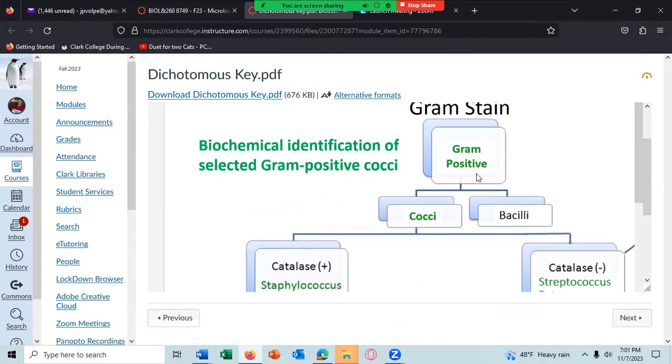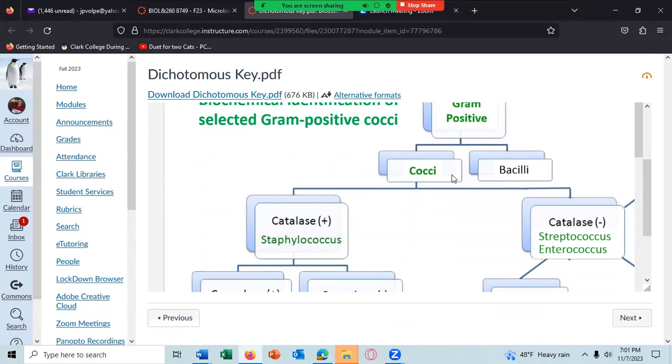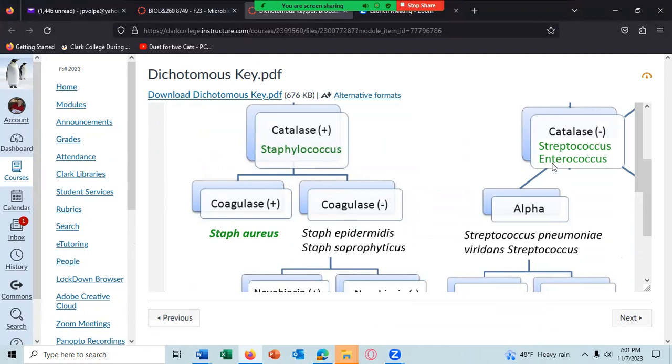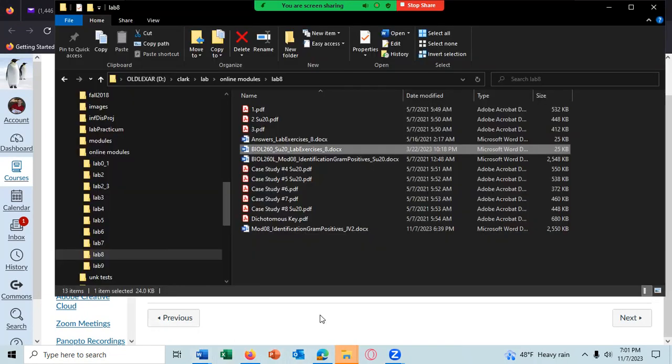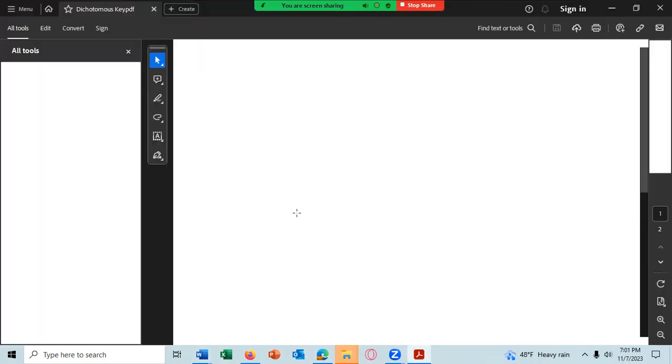So the first key is going through the gram-positive gram stain for the cocci, and not really for the bacilli. And you're going to have to blow this up. Let me see if I can get this another way. That'll show it better.